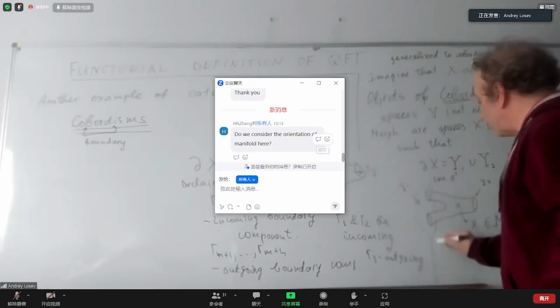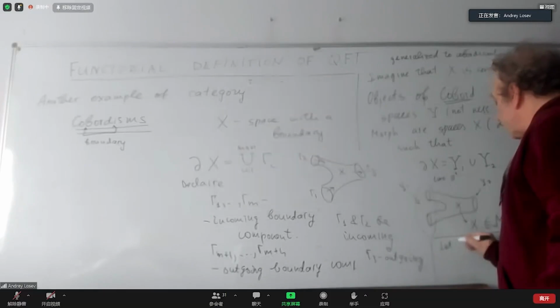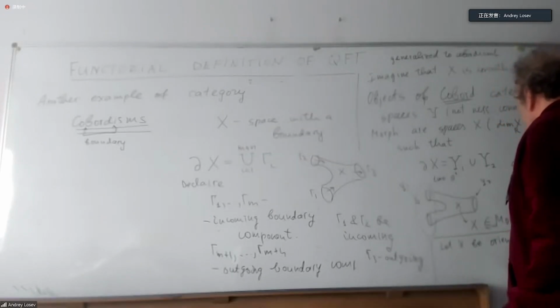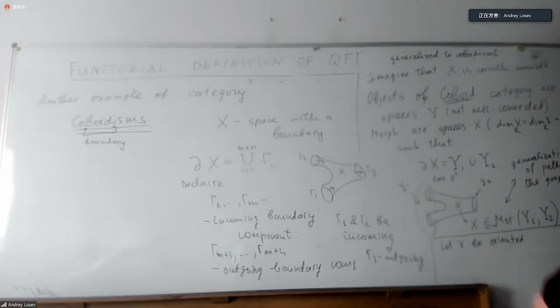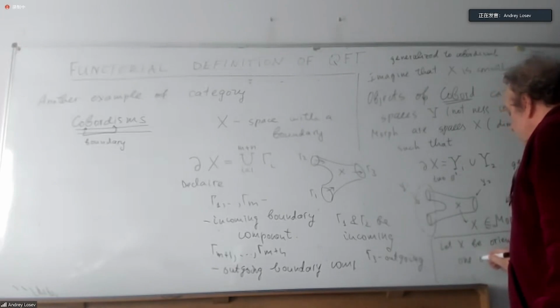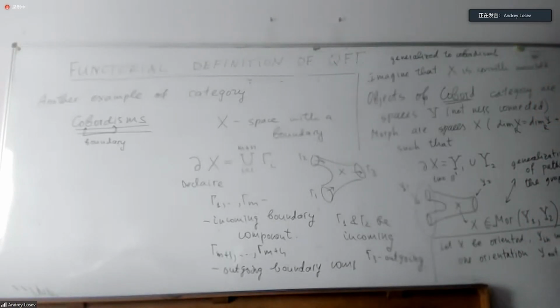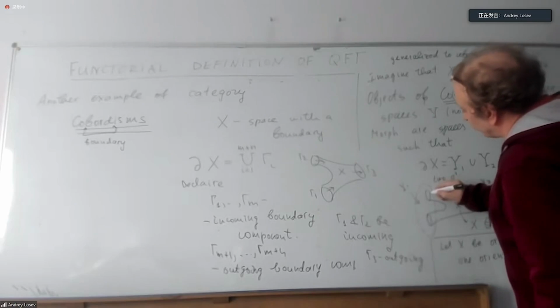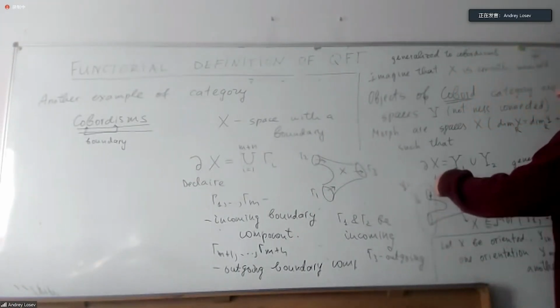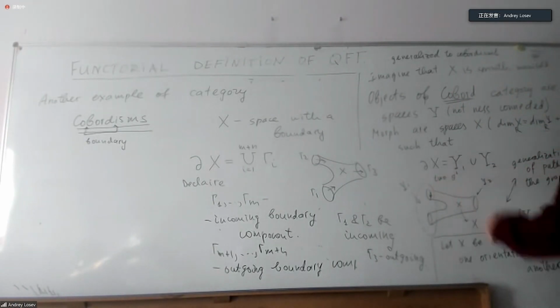So I would do it like this. Let X be oriented. Then I will take Y in with one orientation and Y out with another, in the following sense. Orientation on Y1 is given by a basis in the tangent space.